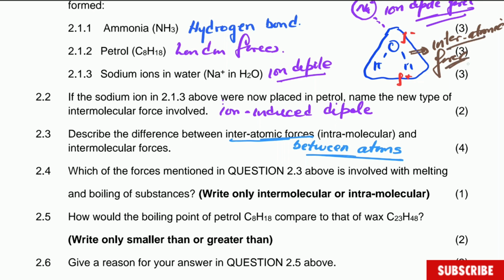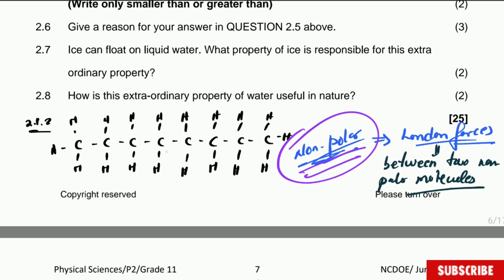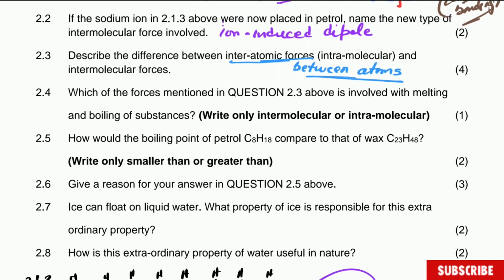In other words, is covalent bonding. Those are the interatomic forces. The same happens if we go here. All these ones here, the forces between the carbon and carbon, between the carbon and hydrogen, those are interatomic forces.